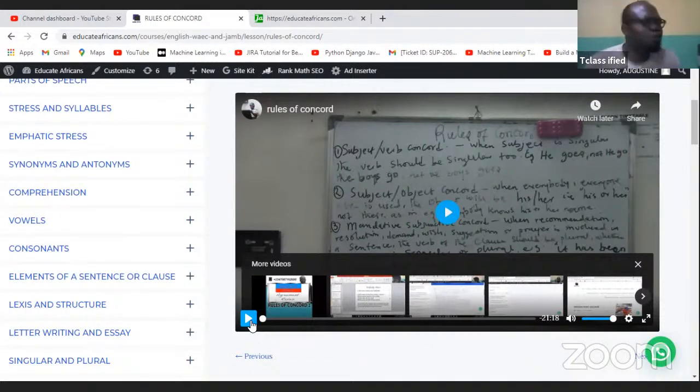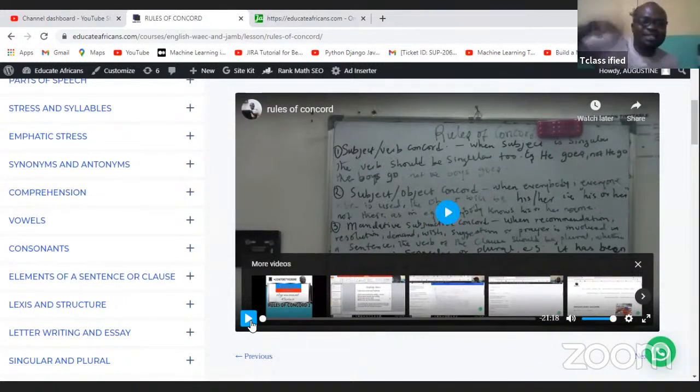It will help you to speak good grammar so that you don't have grammatical blunders whenever you're making a statement. There has to be agreement between your verb and your subject. If the subject is singular, the verb has to be singular, and if the subject is plural, the verb has to be plural. That's what we call concord.